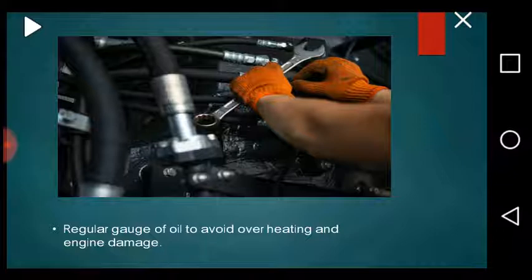Regular cleaning of the carburetor of a machine helps to prevent dirt from blocking the jet for petrol. And if the oil level in the machine is gauged regularly, it helps to prevent heating up and damage to the machine.